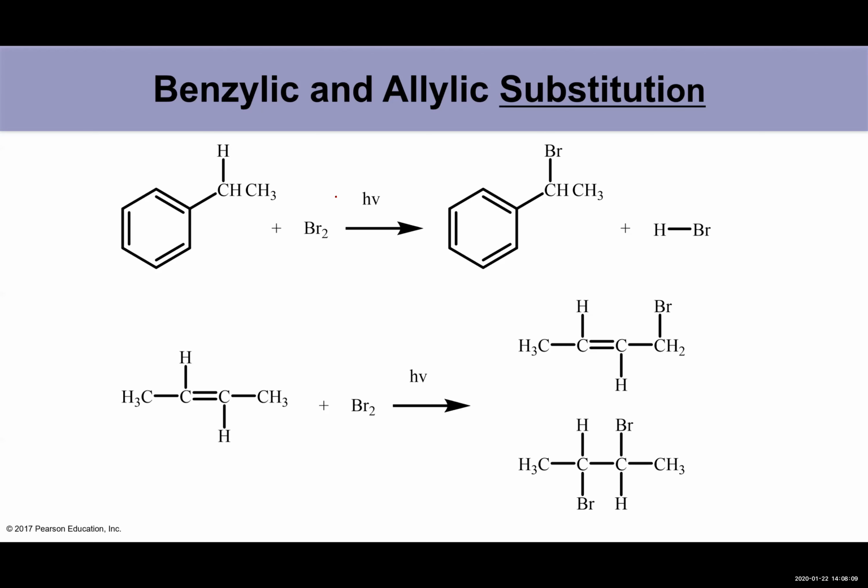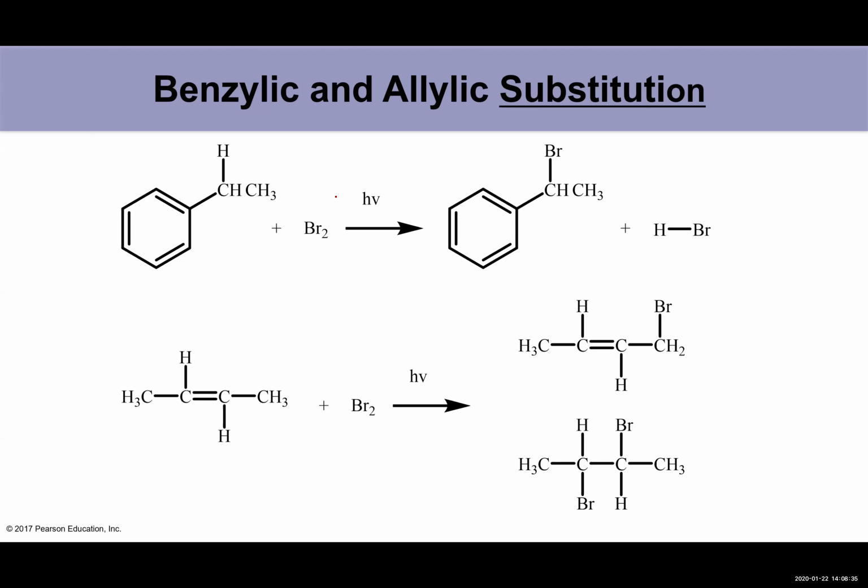You can control whether you get this as the product or that as the product by controlling the way you introduce the bromine. We introduce the bromine in a reaction that produces it as the reaction takes place. If you can have zero bromine in the mixture and produce it while the reaction is happening, that's the best way to do it.